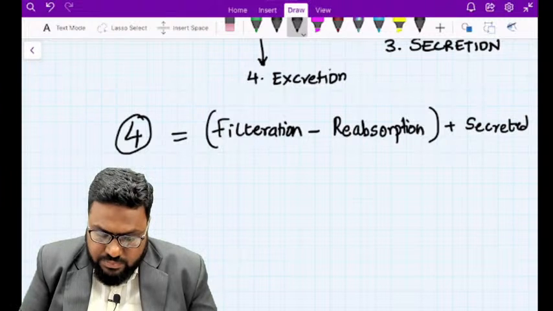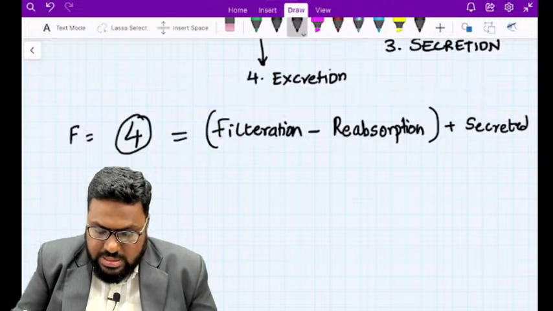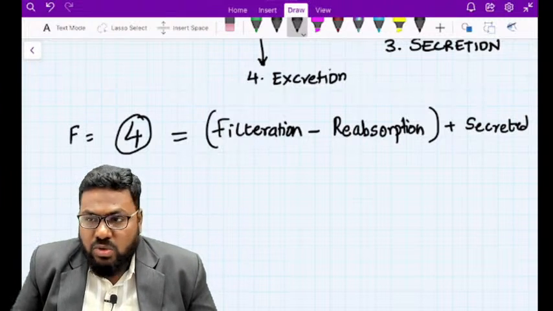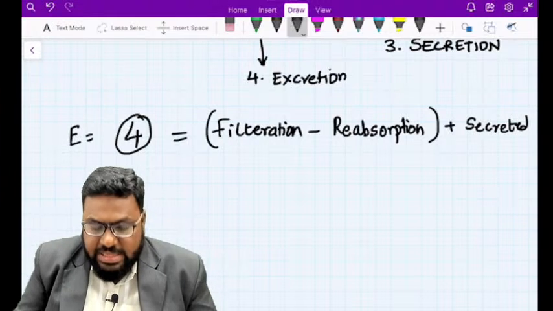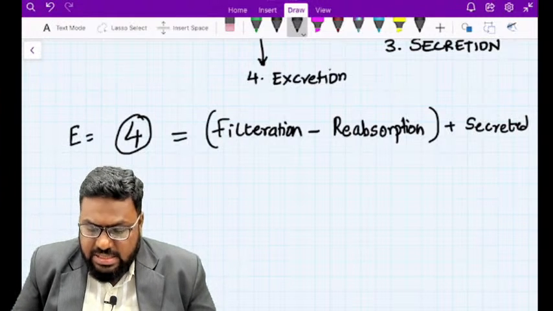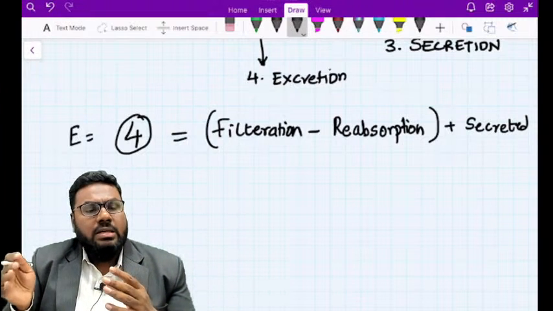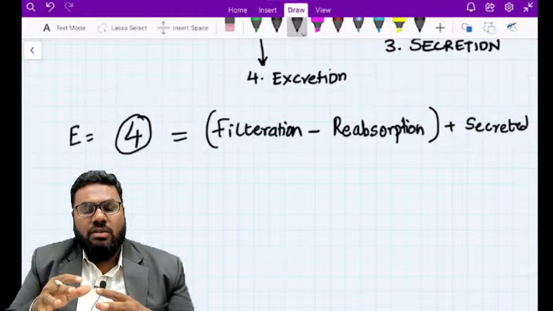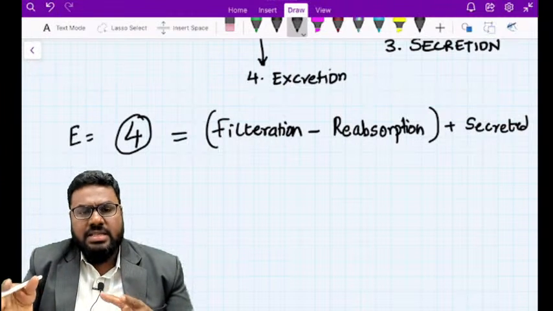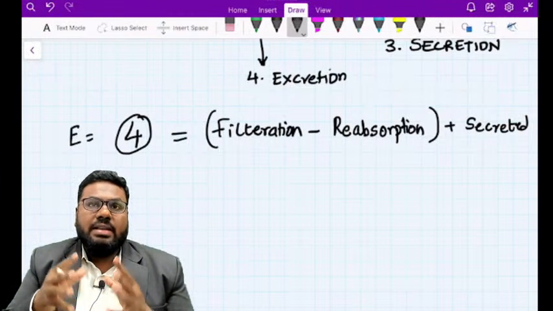So tubular excretion is nothing but the amount that is filtered minus the amount that is reabsorbed plus the amount of solute or substances that are secreted by the tubules.